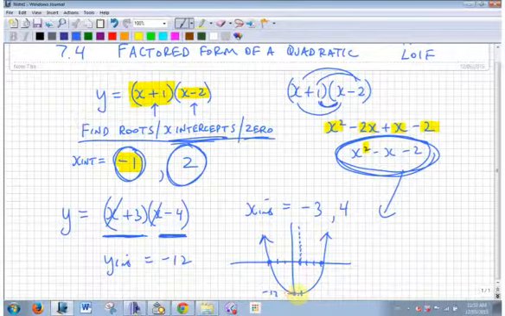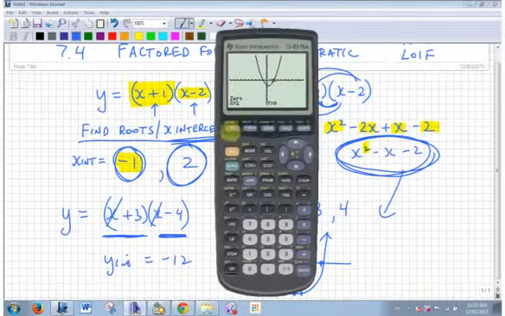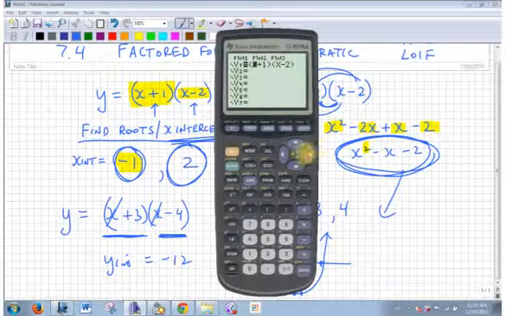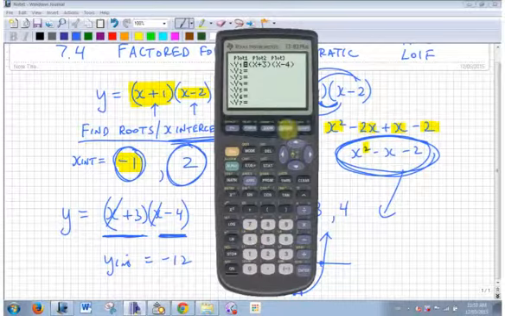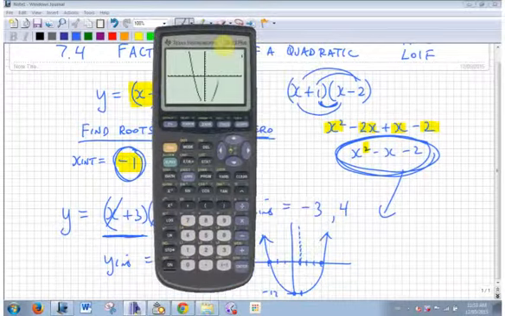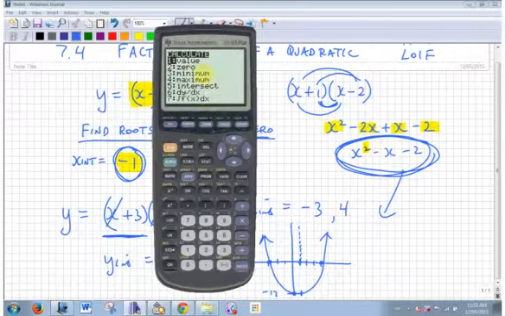Now, is there a function on the calculator where I could actually figure out the minimum? x plus 3, x minus 4. Kind of look like that? Second function, calculate minimum.